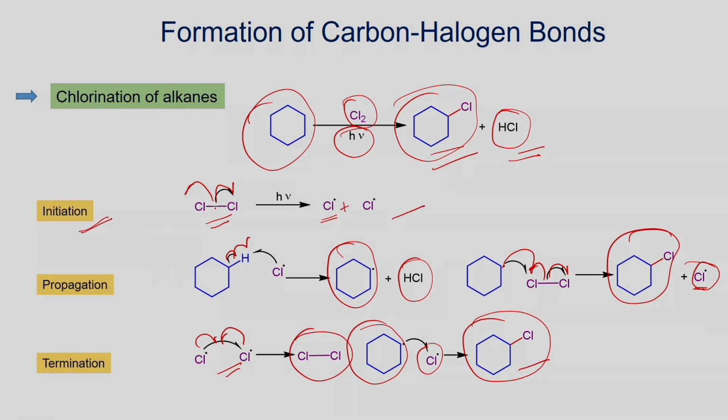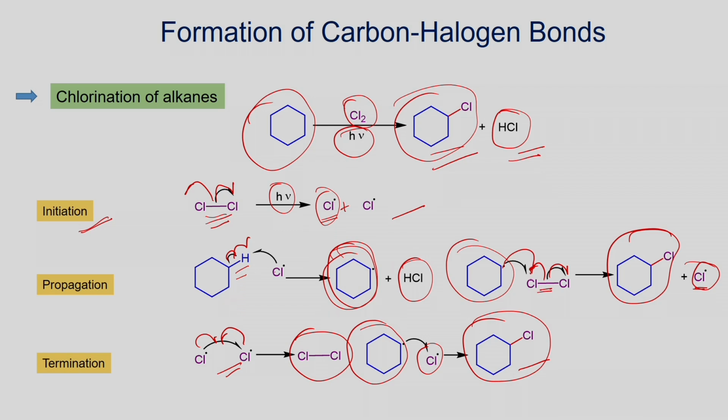You cleave this chlorine bond homolytically into chlorine radicals, and this is the initiation. Once you initiate the reaction, the radical can abstract the hydrogen as shown here, and we form the cyclohexyl radical, and this radical can react with a neutral molecule.